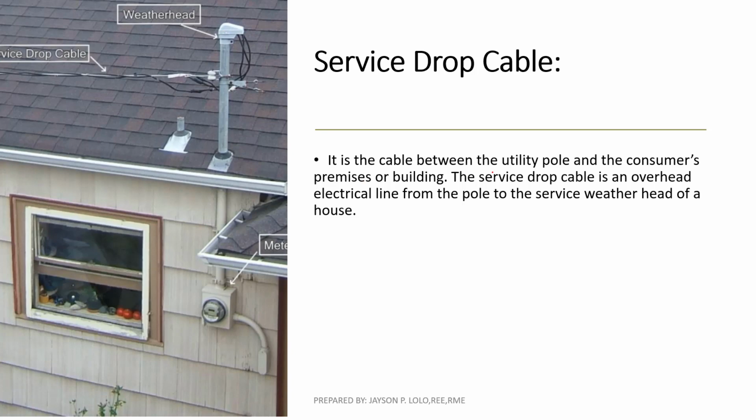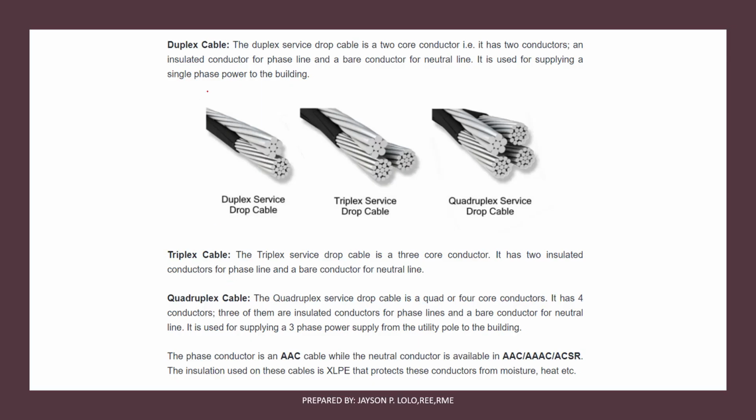The service drop cable is the cable between the utility pole and the consumer premises, an overhead electrical line from the pole to the service weatherhead of a house. The service drop cable can be identified as duplex cable, triplex cable, and quadruplex cable.